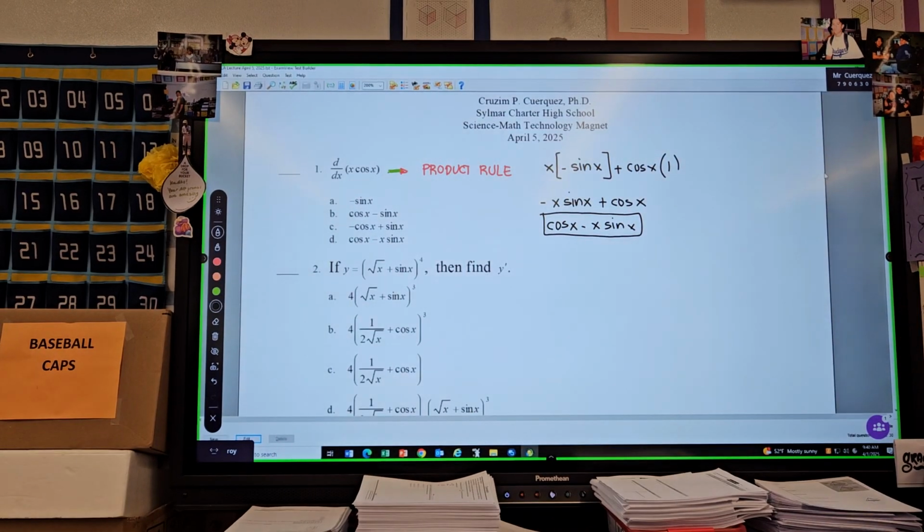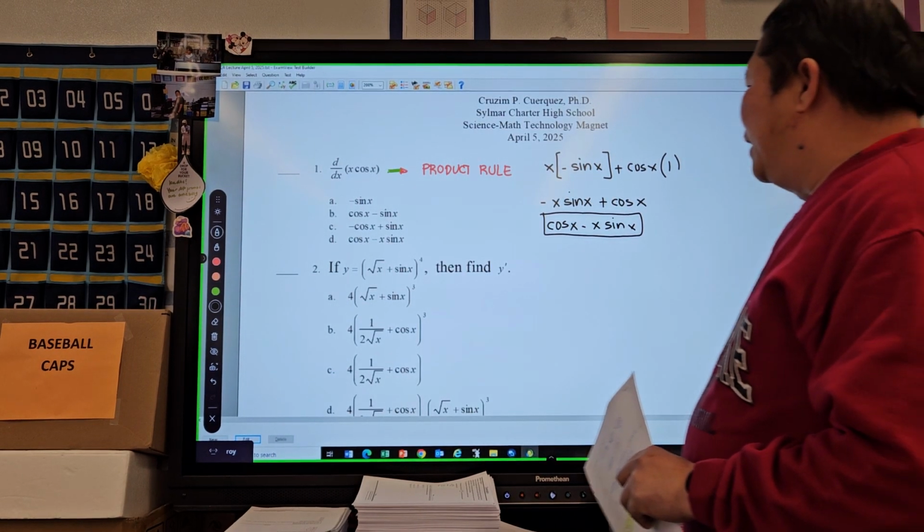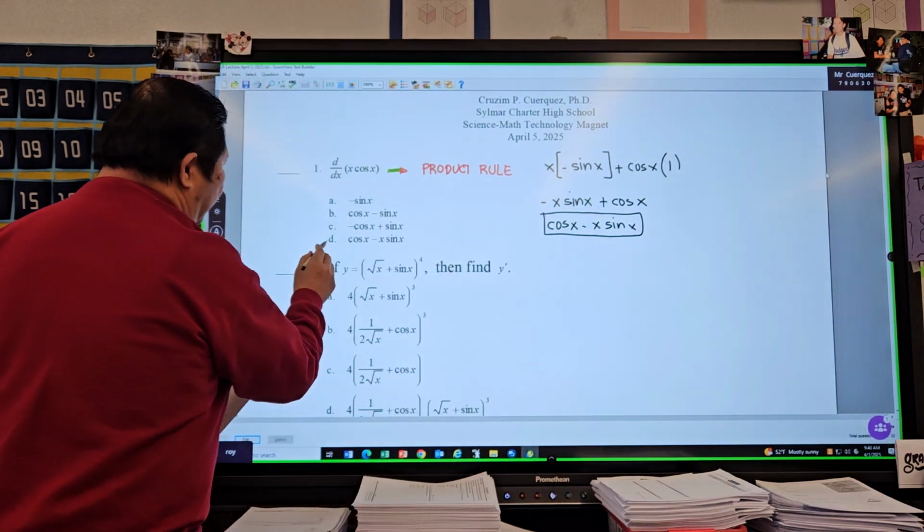So what comes first is cosine x minus x sine x. So this is the final answer. What letter is the final answer? That is letter D.